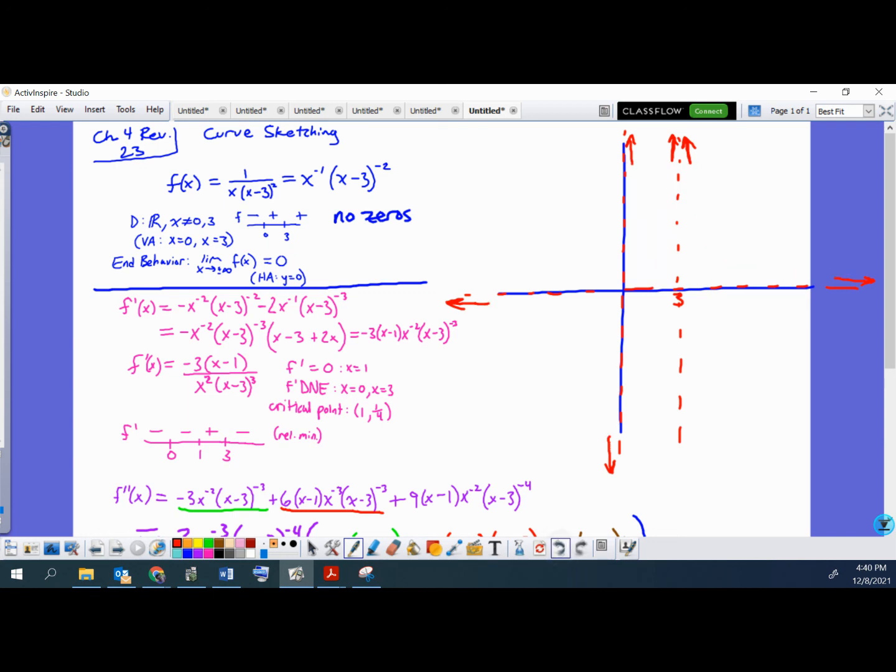But more detail. We know we have a relative minimum at 1 comma 1/4. So I'll put that point on there. Here's 1 and 2, since that's 3. I'm just going to put 1 up there, and it's at 1/4. So it'll be there. And so that's good.